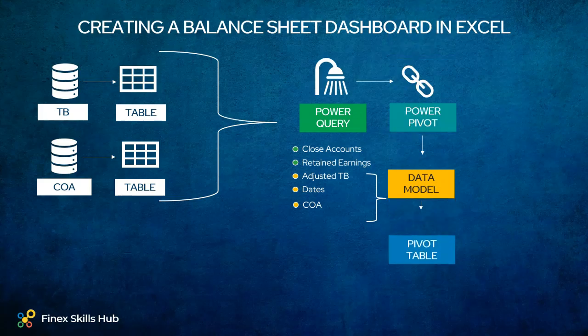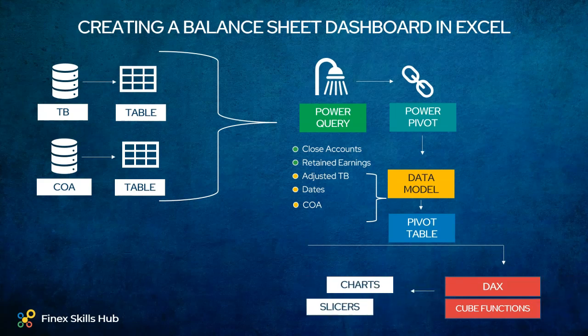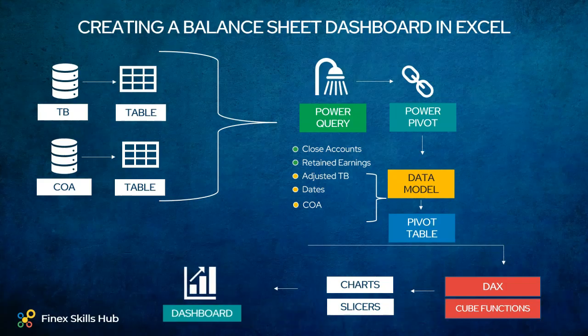From here, we are going to create pivot tables that will be relying on DAX calculations and cube formulas to be able to create that dynamic interactive feel that you saw earlier. And when we are done, we'll create our charts, use our slicers to create our dashboard.